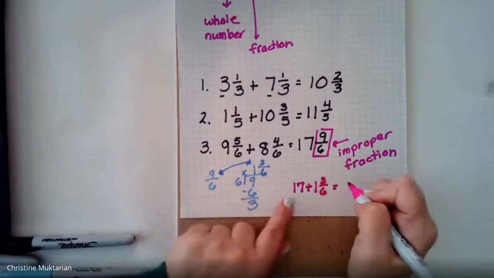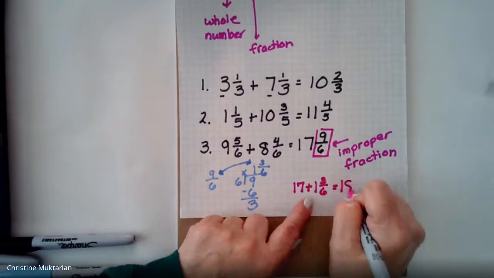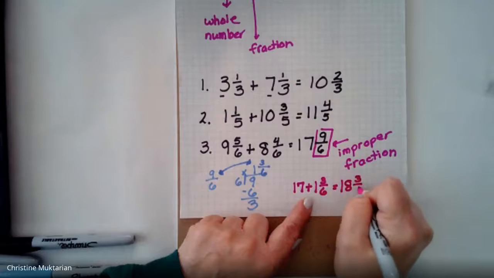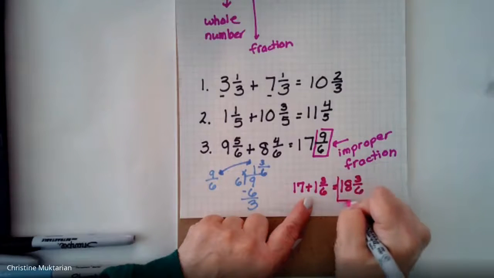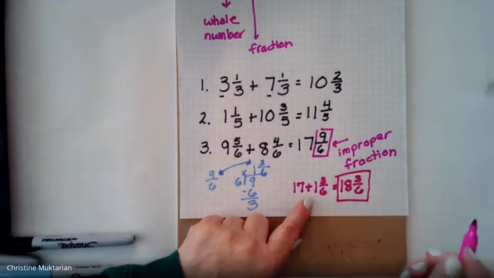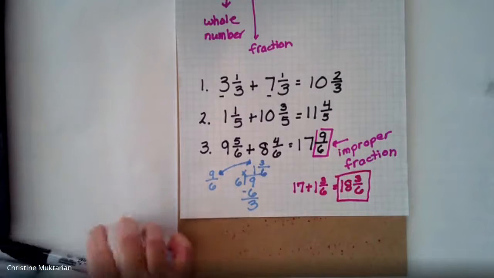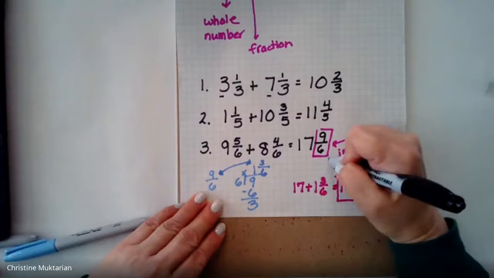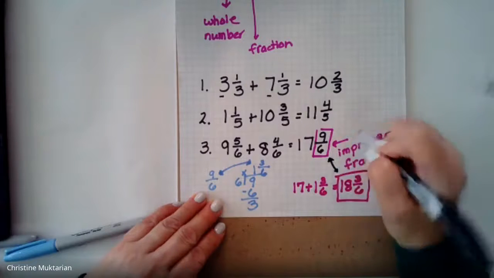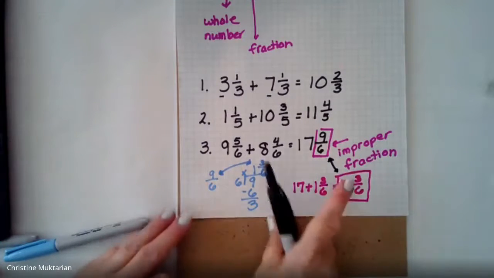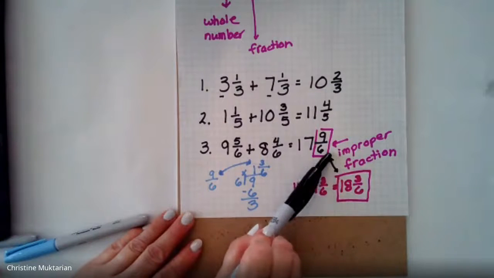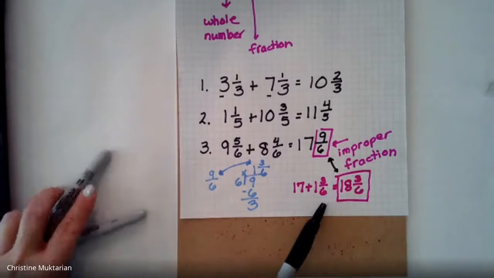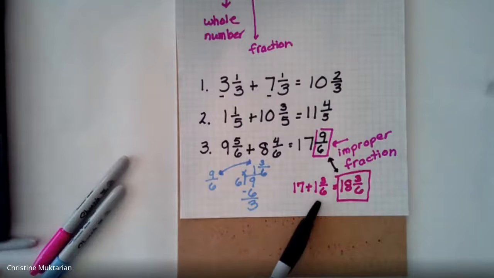And 17 plus 1 is 18, and 3/6. So I'm going to put a box around it. So this is your final answer. Right here. These two are actually the same. But now we got rid of that improper fraction. And so the final answer is 18 and 3/6.